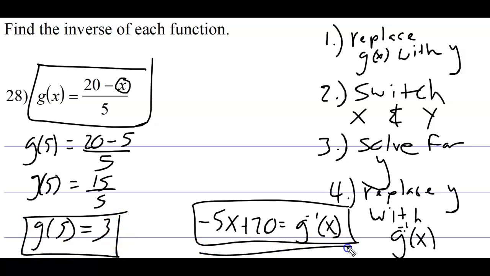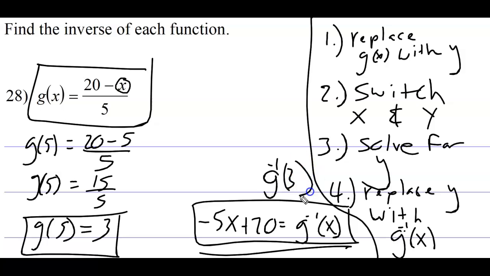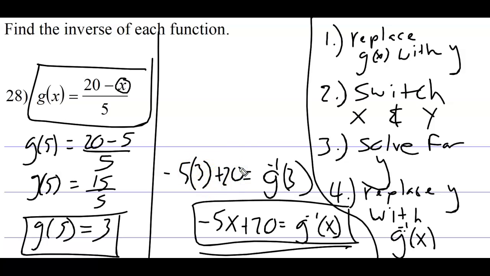But for my inverse function over here, something interesting happens. If I take this function and plug in 3 to it, let's simplify it and see what we get. This is negative 15, and that's going to be 20.